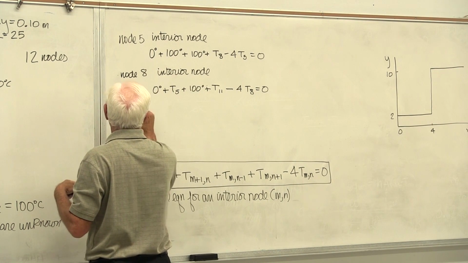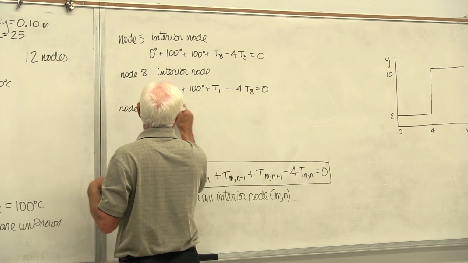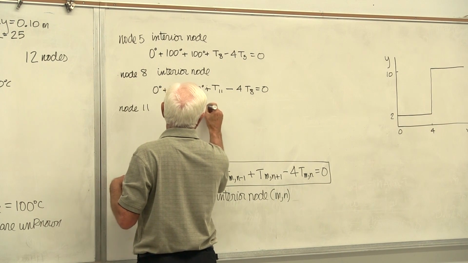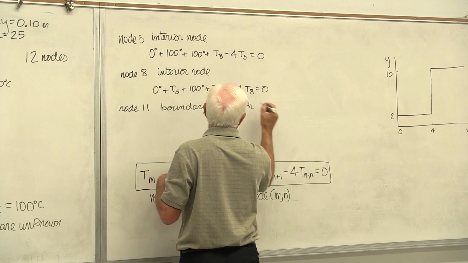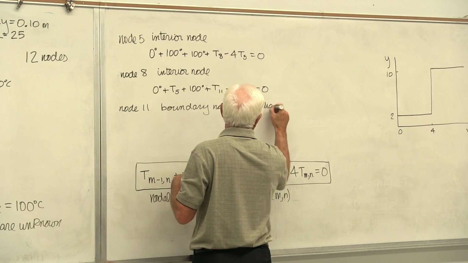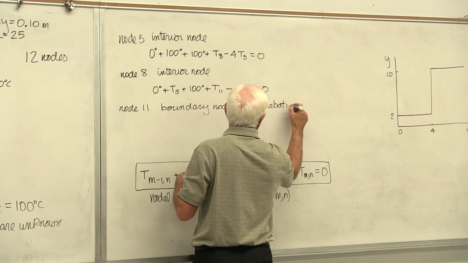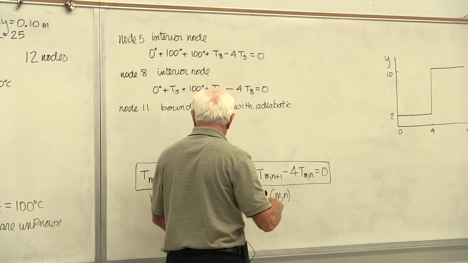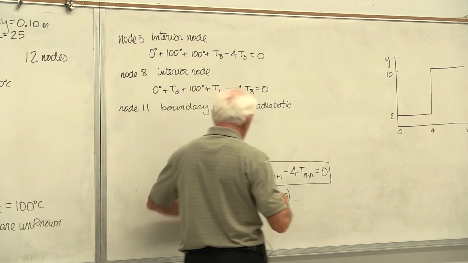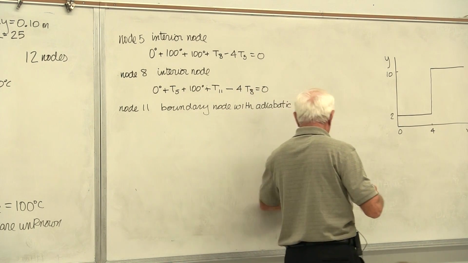Node 11. Boundary node with adiabatic boundary. You go to our table, because the table gives you the boundary nodes.